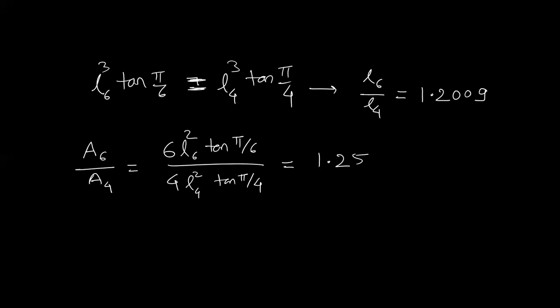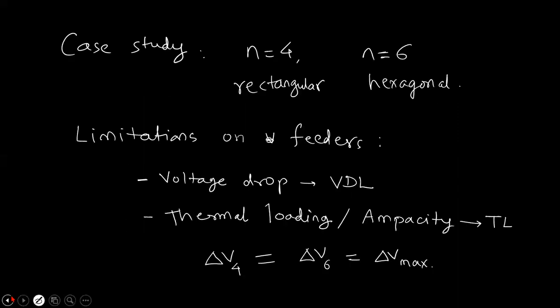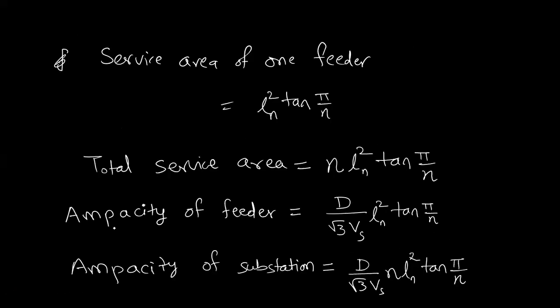Now this is about the service areas. We can also compare the ampacity, the current carrying capacity of individual feeders. The ampacity of an individual feeder that we have seen here is proportional to l_n square tan pi by n.